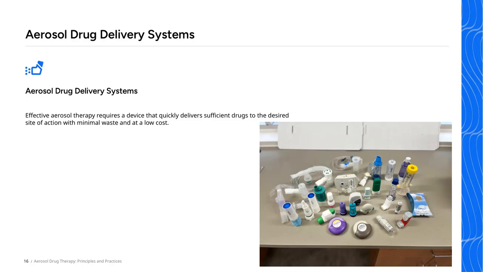When it comes to aerosol drug therapy, the key is having a device that can deliver the medication effectively and efficiently. An ideal device should be able to quickly deliver enough of the drug to the specific site of action, ensuring the patient gets the maximum benefit. At the same time, it's important that the process minimizes waste, so we're not losing medication in the environment or the device itself.